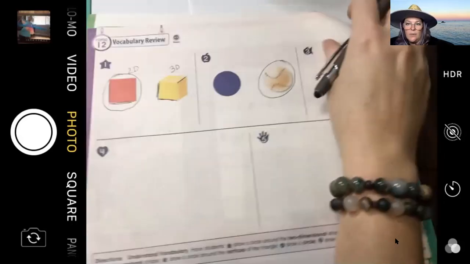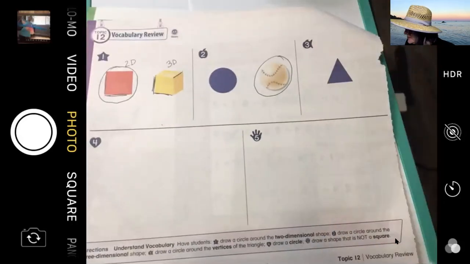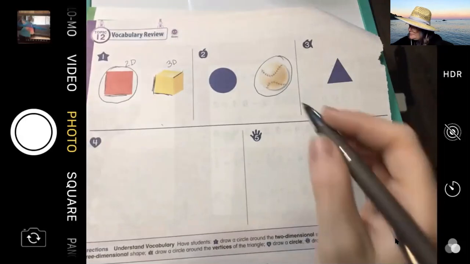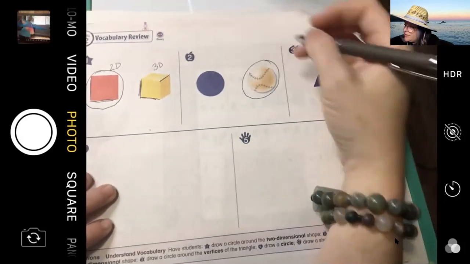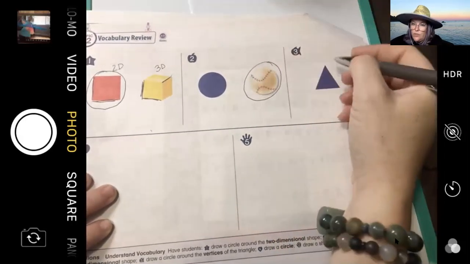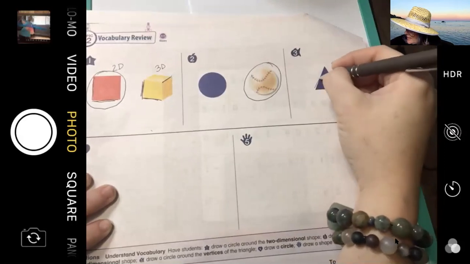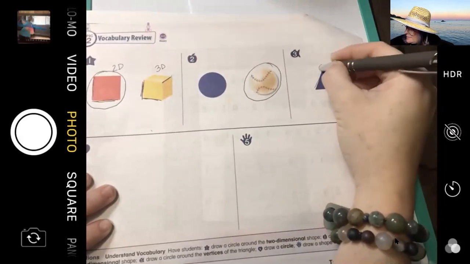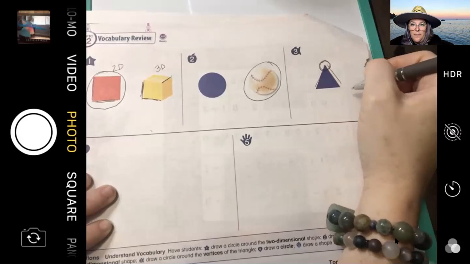Let's take a look at number 3. Number 3 says, draw a circle around the vertices of a triangle. And remember, vertices are where the lines meet, so the corners. So vertices are corners. So let's draw circles around the corners of the triangle, okay, where the two sides meet. So here's the side and here's the side, and it meets at the vertices.